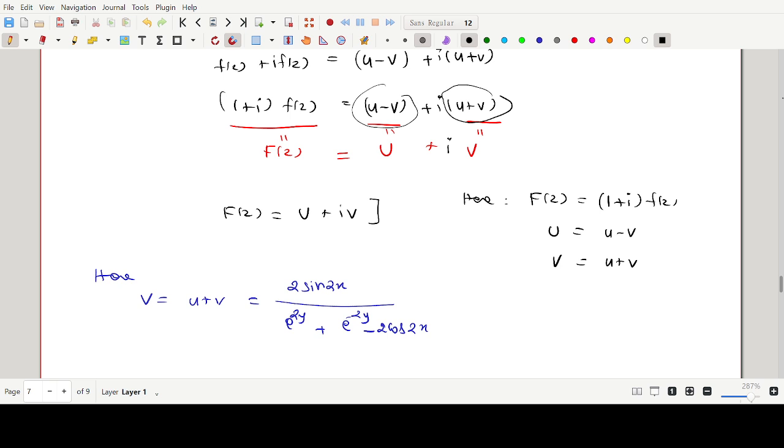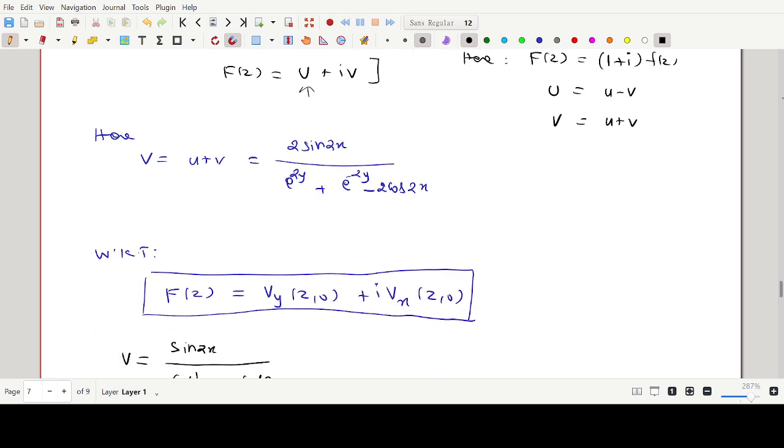What is the meaning? The given problem is just converted in this manner. So the imaginary part of capital F of z is given. Then how to construct the corresponding analytic function capital F of z? Then capital F of z is converted to small f of z. That's it. So capital V is given, right?